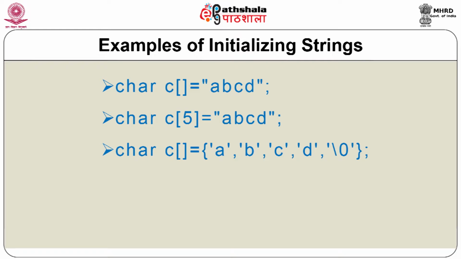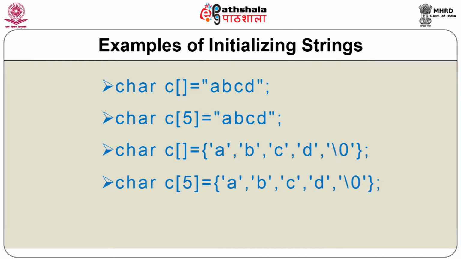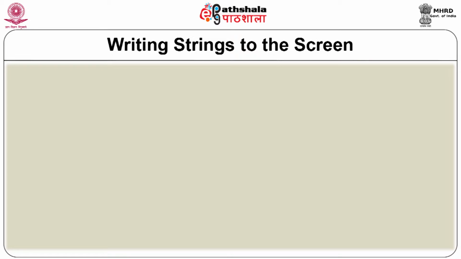So, \0 is the null character and you have to include it in the initialization. Then C5, it means the maximum characters are 5, and we already saw initialization of string by pointers, that is char star C equal to A, B, C, D.